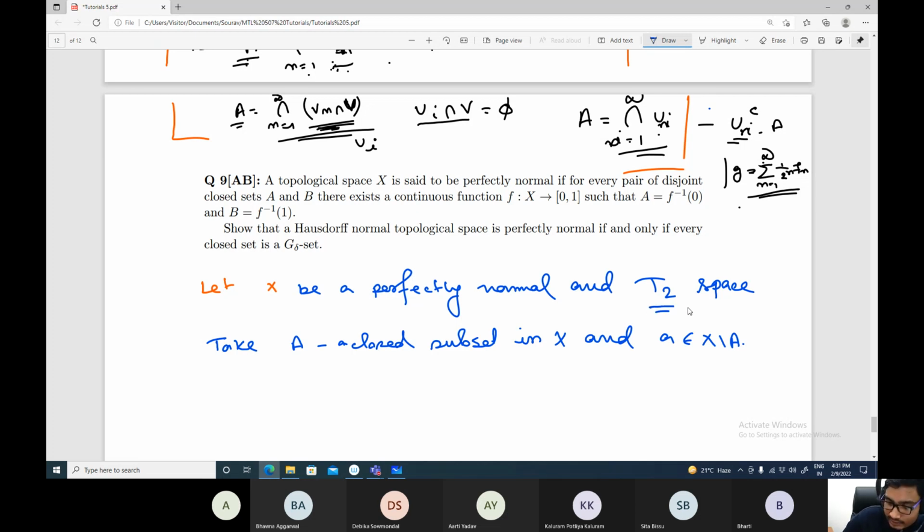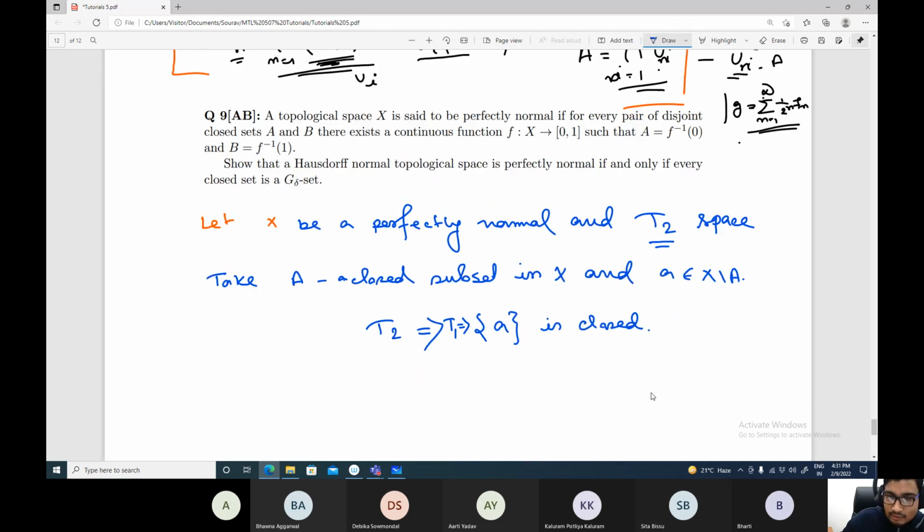Then T2 space implies T1, and T1 implies this singleton is closed. Yes, this is closed. Now we have A and the singleton as closed subsets of X, right?